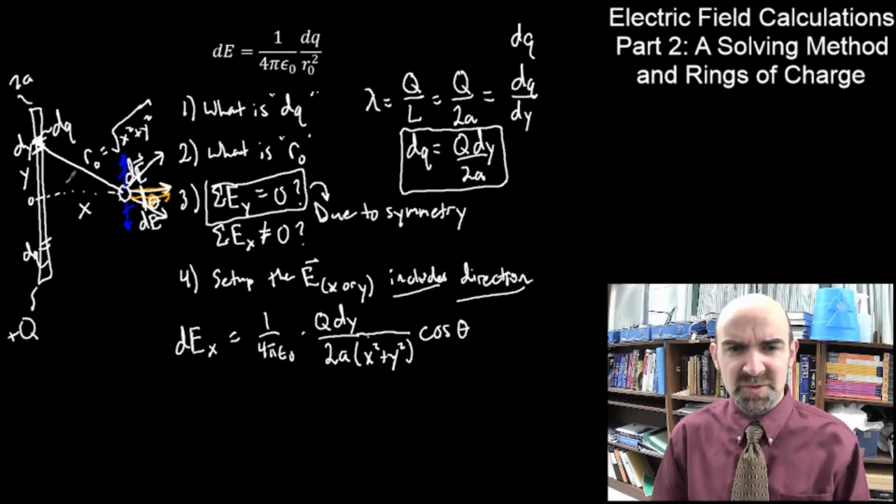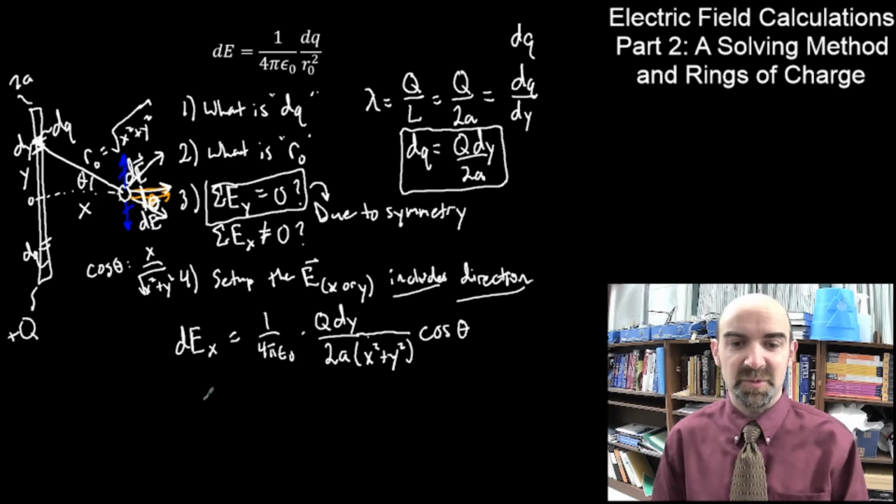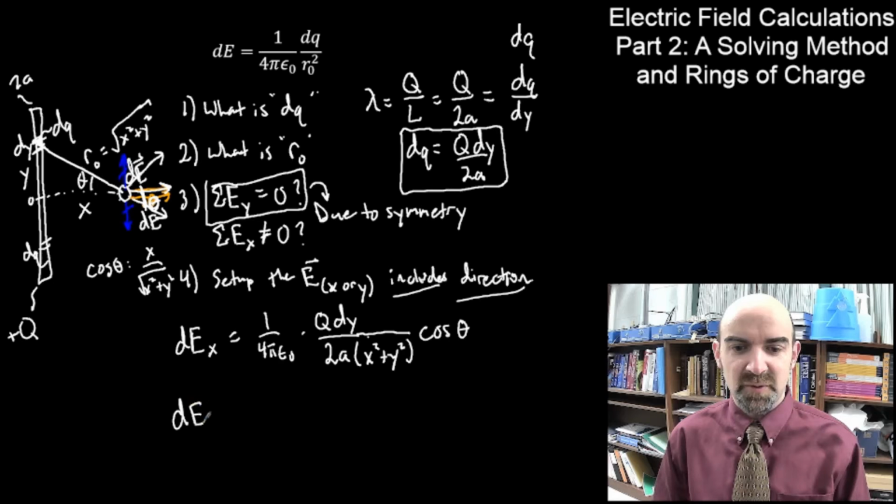Once you have the triangle set up, this angle theta is equal to this angle in here. So our cosine of theta is the adjacent side divided by the hypotenuse, the square root of x squared plus y squared. And that's what sets up your problem. You get it to a form where you're ready to solve, it becomes a math problem instead of physics. We're going to put the physics part away and just solve the math.